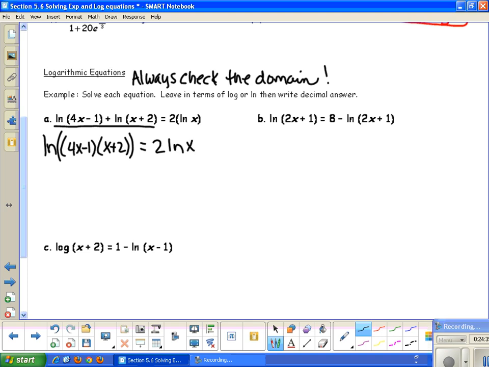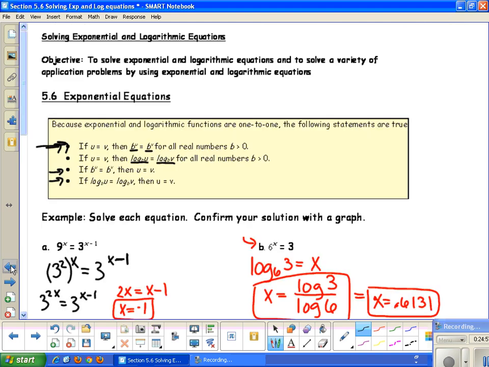The next thing I would do is bring this up as a power. So you get the natural log of 4x minus 1 times x plus 2 equals the natural log of x squared. Remember, by those properties we said in the beginning, if log base b of u equals log base b of v, then u has to equal v.